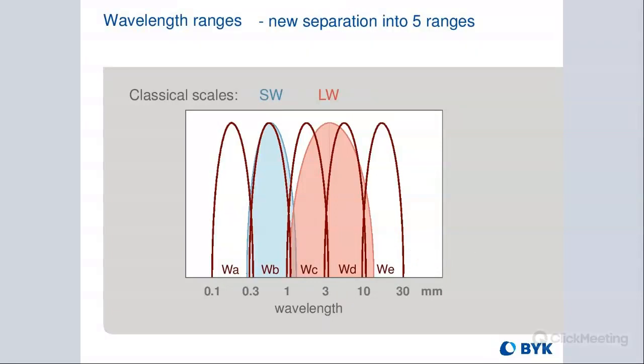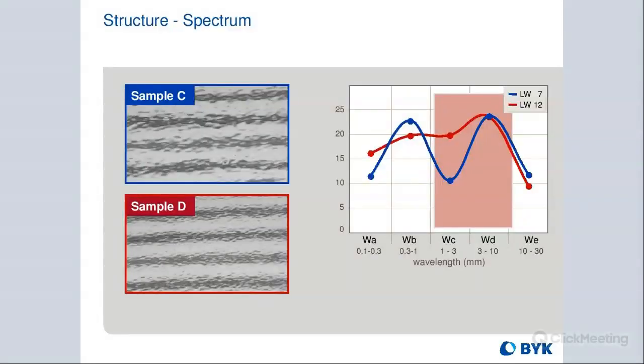WB is 0.3 to 1 millimeter. WC is 1 to 3. WD is 3 to 10 millimeters. And then WE covers those relatively large structures in the 1 to 3 centimeter range.